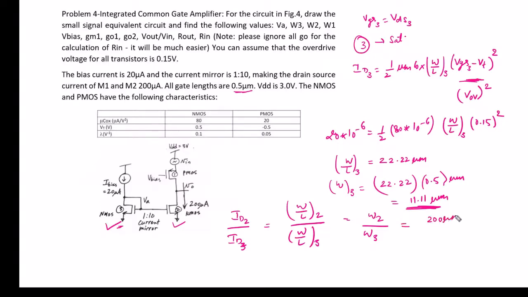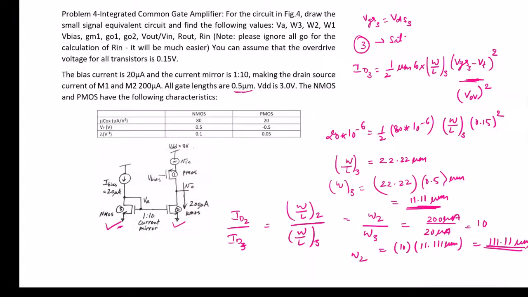ID2 is 200 microampere, ID3 is 20 microampere, so the ratio will be equal to 10. W2 that we need to calculate, we need to multiply W3 with 10, and we get W2 as 111.11 micrometers.